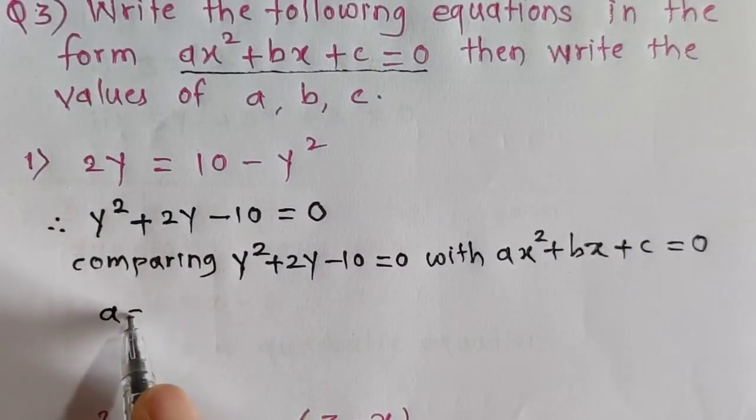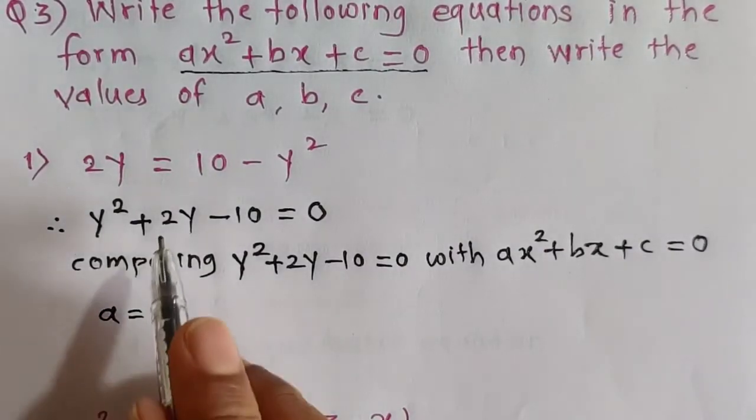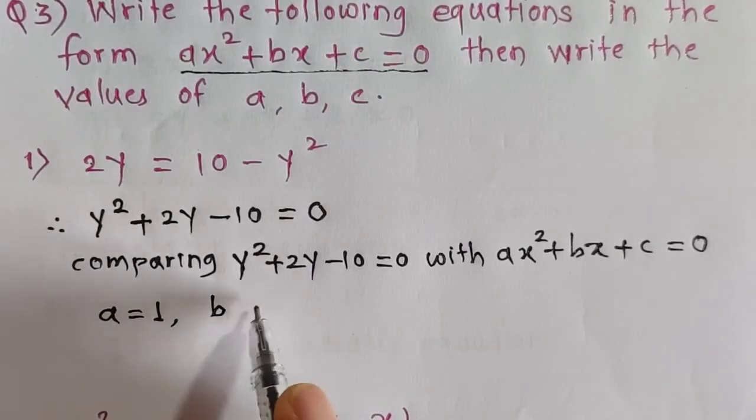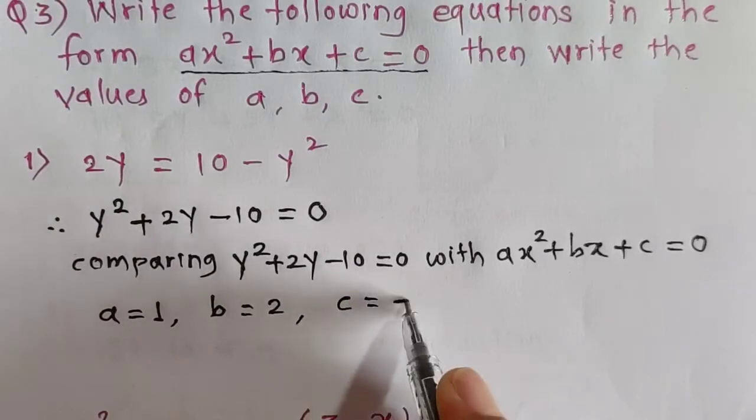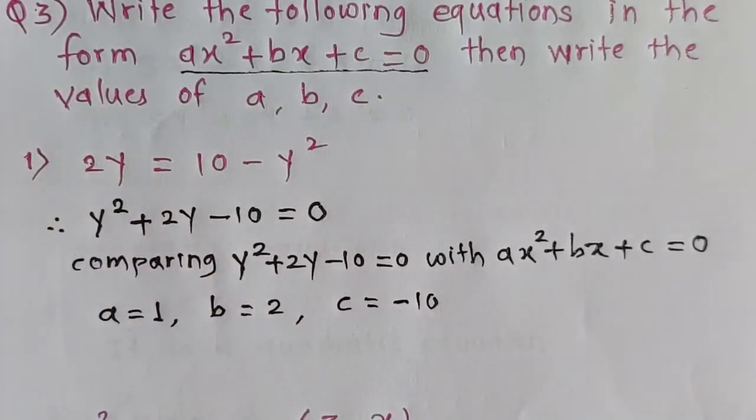That means a is equal to 1. The coefficient of the middle term, that is b, is equal to 2. And the last term, that is the constant term, c is equal to minus 10.